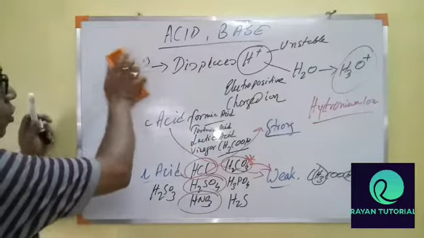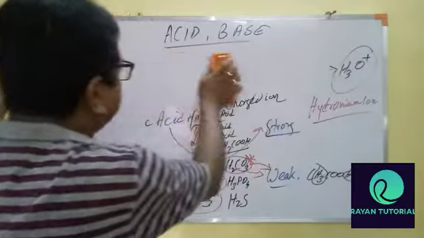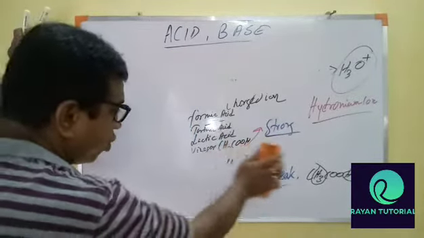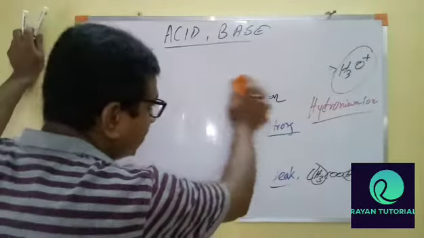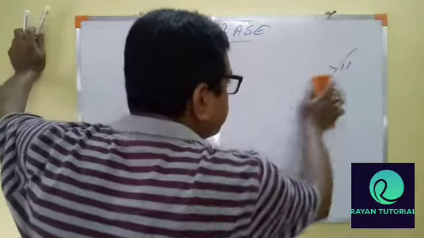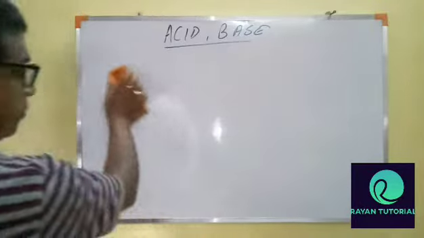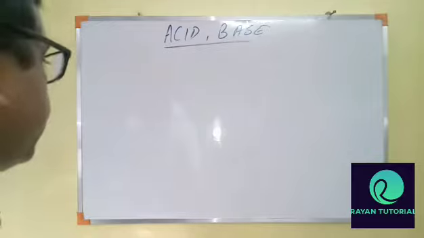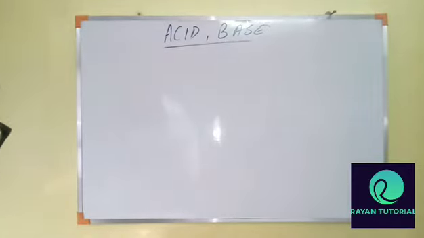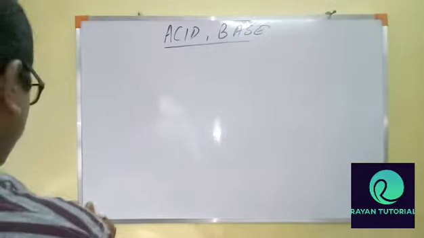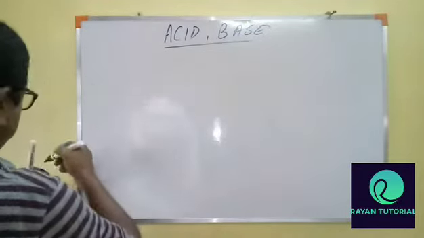Today there are a lot of things you need to note down. Now let us discuss why an acid becomes strong and why an acid becomes weak. Which one is called a strong acid?